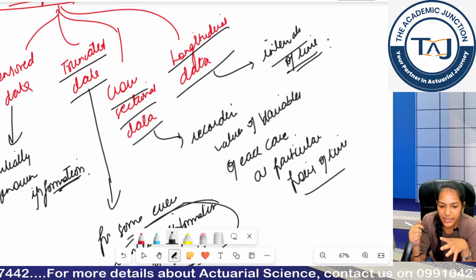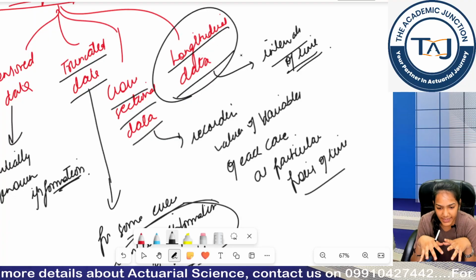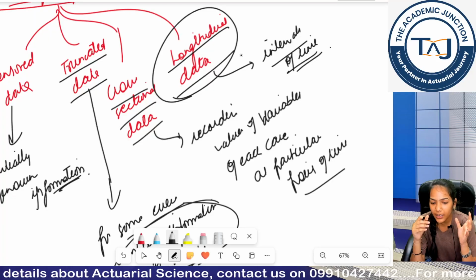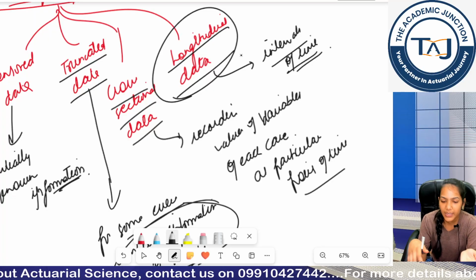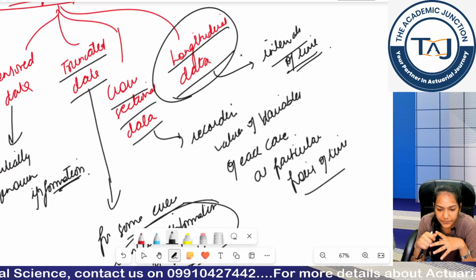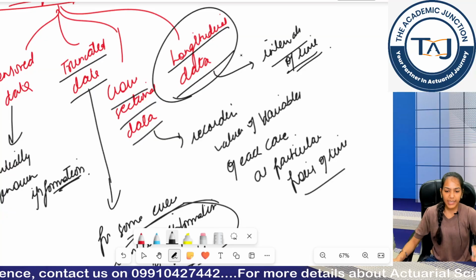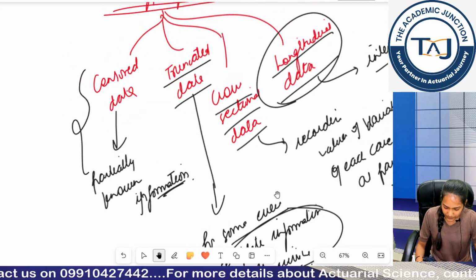Dividing the data into these 3 forms is called longitudinal data. This is just an example; there can be various divisions, in the longitudinal case as well as the cross-sectional case. Clear, guys? So these were the 4 different types of data.